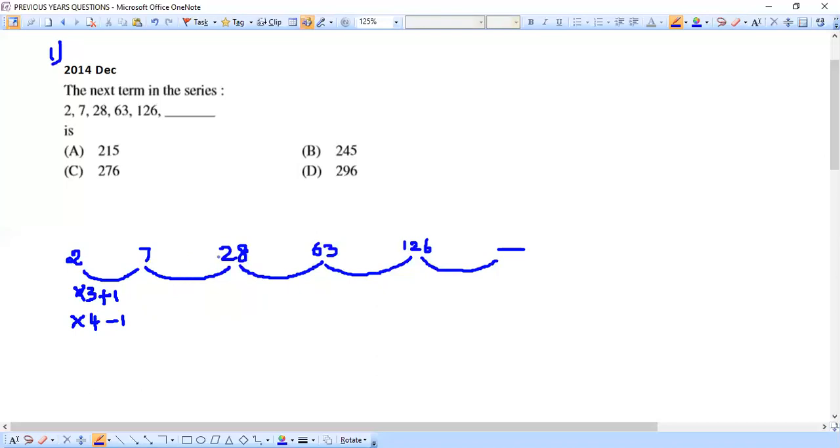Let's go to the next part. So 7 to 28 they have moved. See, so here we need to go for 7 tables, right? So 7 ones are 7, 7 twos are 14, 7 threes are 21, 7 fours are exactly 28. So friends, I again insist you to be very thorough with multiplication tables. At least be thorough with single digit multiplication tables.